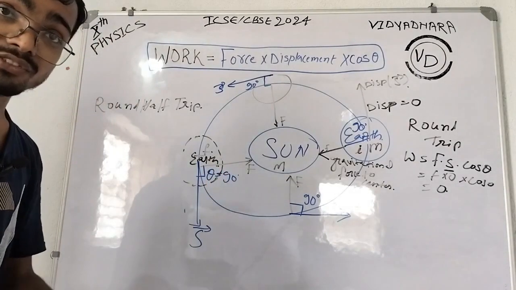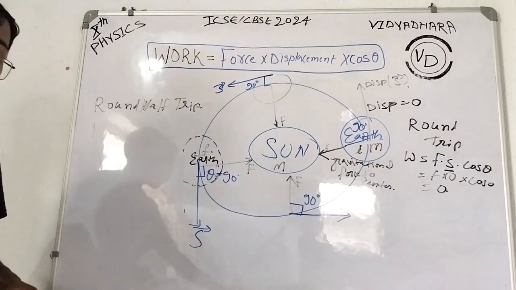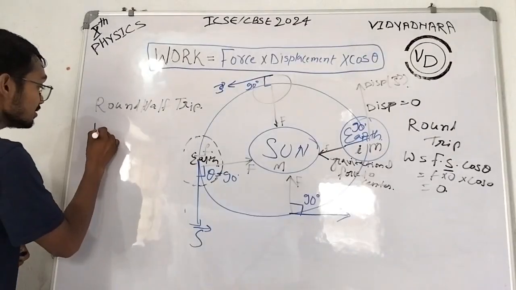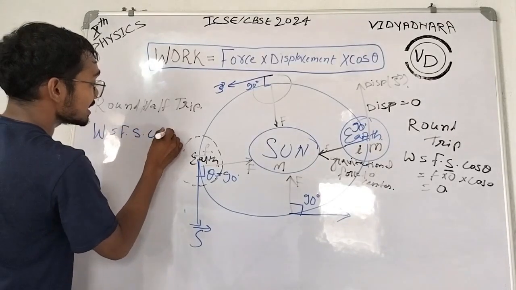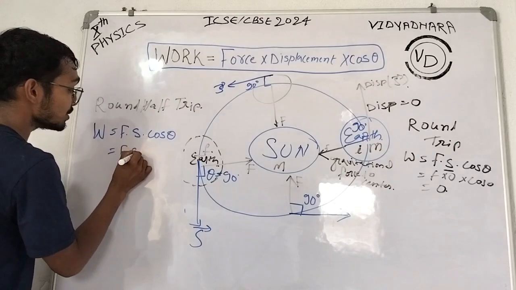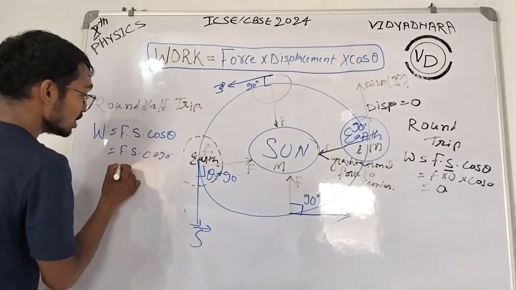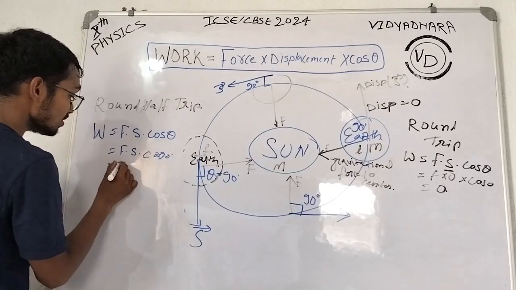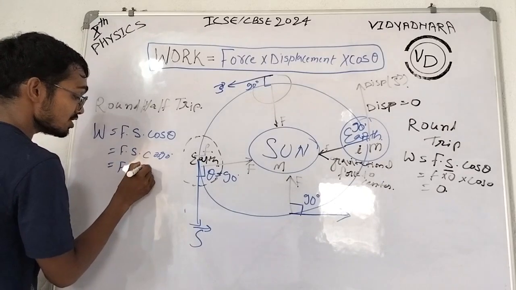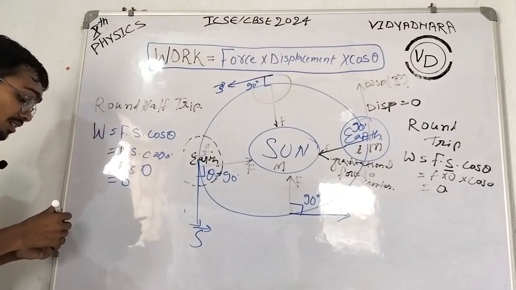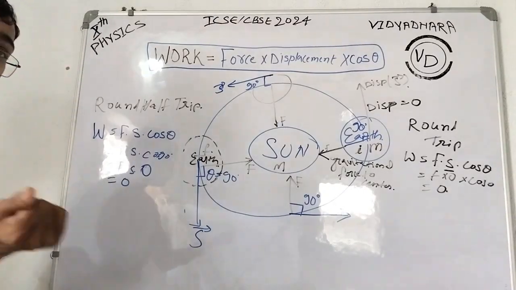And in the third case, whatever we studied, work done is equal to F into S into cos theta. So F into S into cos 90 degree. What do we get? F into S into cos 90 is 0. So the work done in the half trip is also 0.